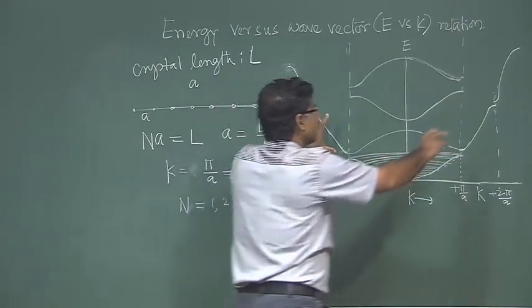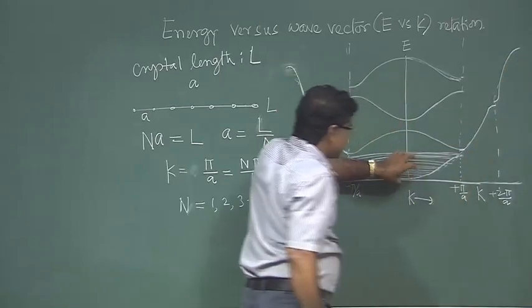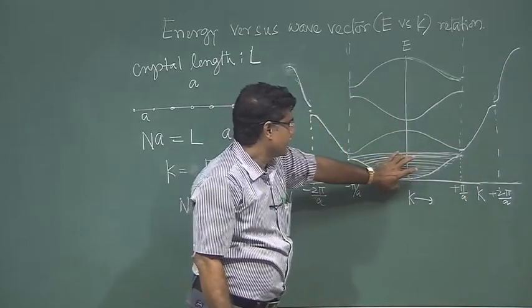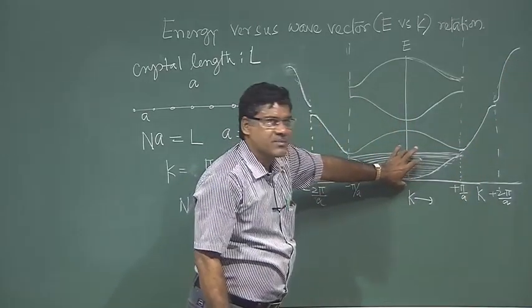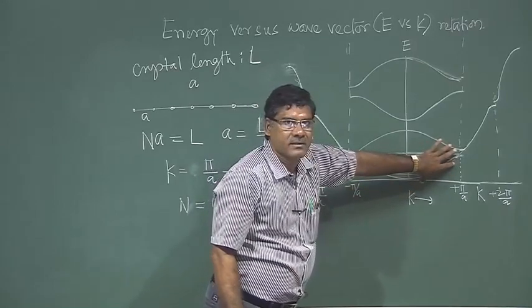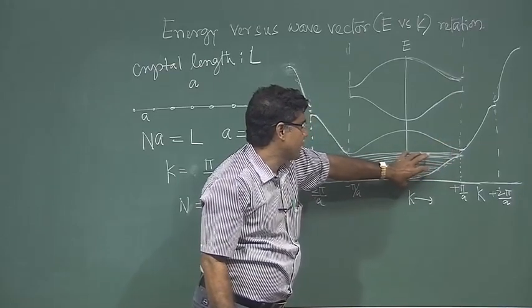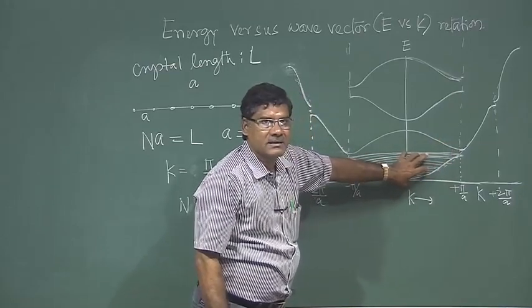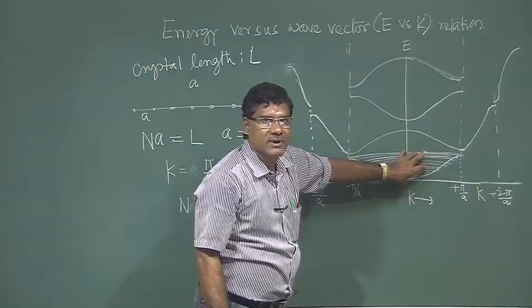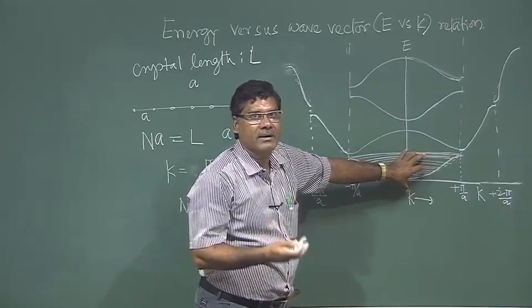The second zone represents the second band, third band, right. So, now in each band the k values are discrete, and it will have the energy states. So, how many energy states will we get, how many wave functions, how many k values?